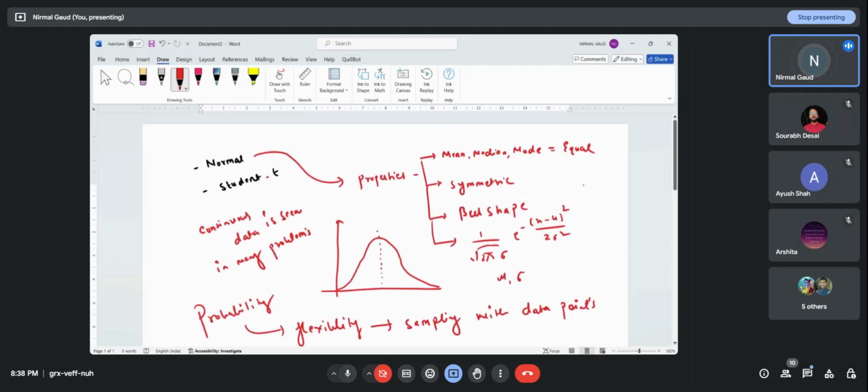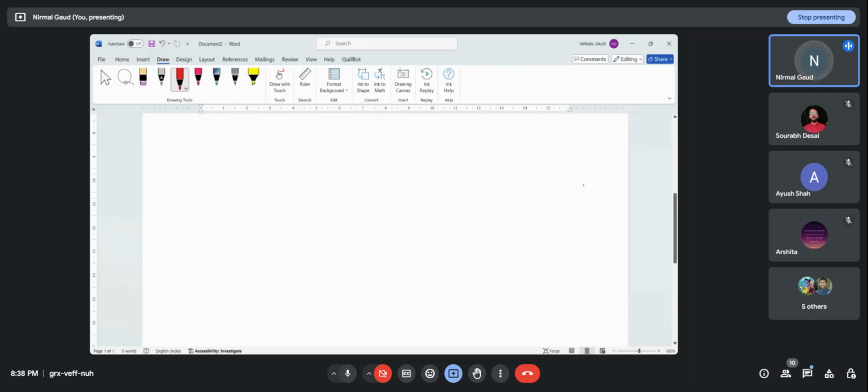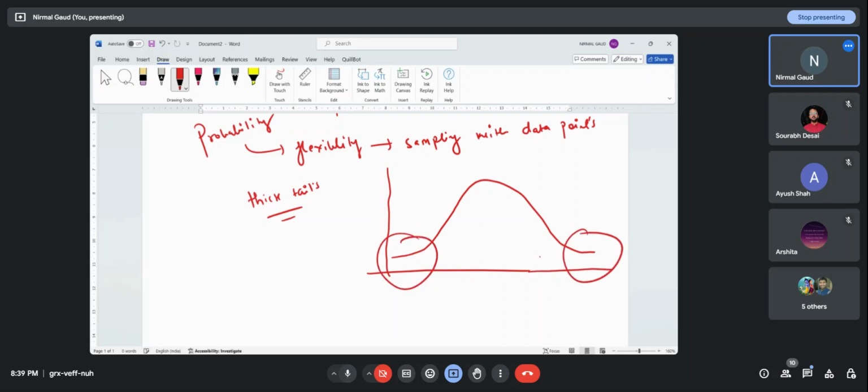Student T distribution is also like normal distribution, but it has thick tails. So student T and normal have the same appearance, but student T has thick tails. It is not closing to the x-axis. This means thick.